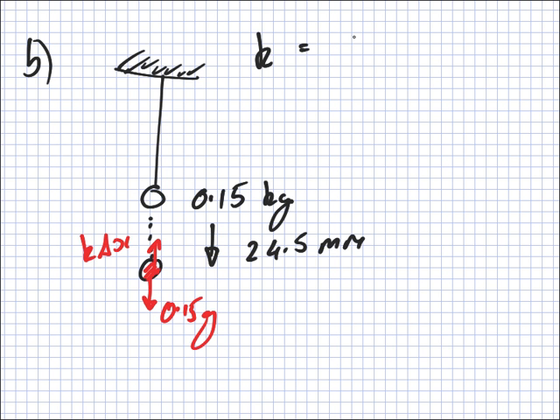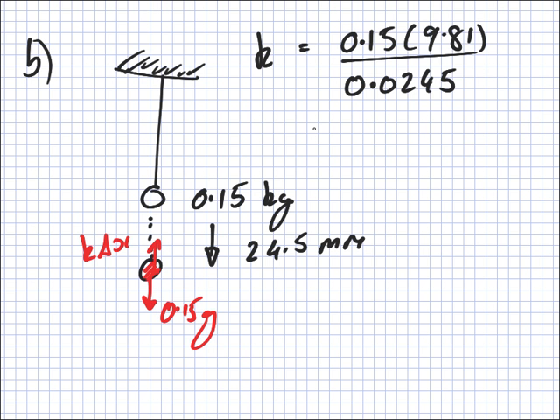So K will equal 0.15 g over delta X, which is 0.0245. And that's in newtons per meter. So what's that, please? Yeah, that's it. I remember that actually, 60.1.